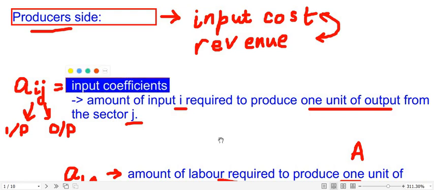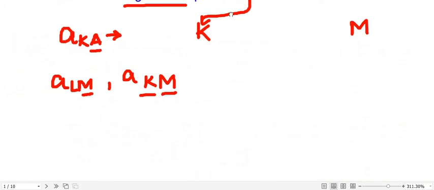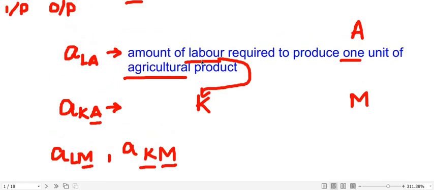We have input coefficients. Now we want to frame the equations. So suppose we consider the cost part first. So ALA is the amount of labor required to produce 1 unit of agricultural product.